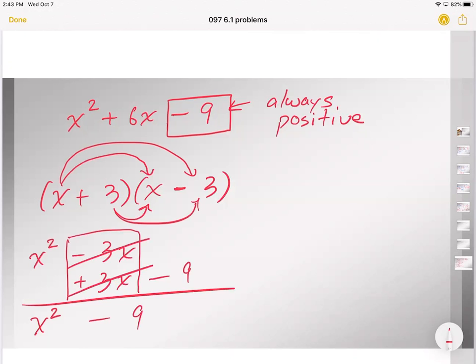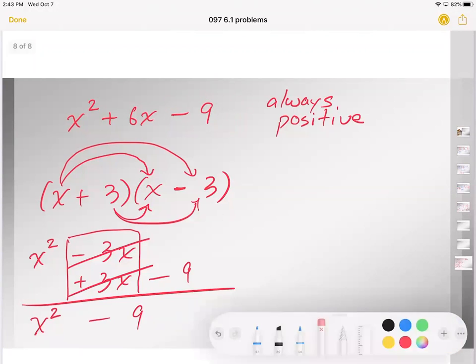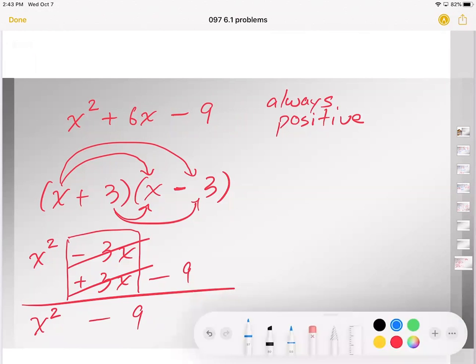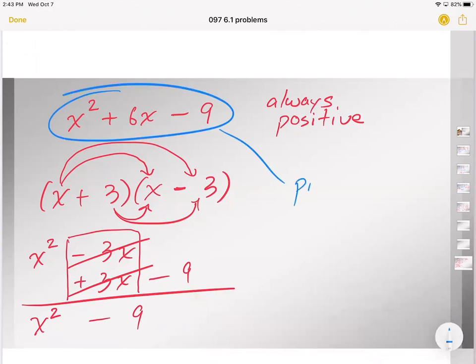So as you can see, if they give you this problem, ladies and gentlemen, then this problem is prime. They will tell you that this problem is prime because there is no way we can factor this thing out, okay? So make sure that if it's a perfect square, this item has to be positive. If it's not positive, you cannot factor them out, okay?